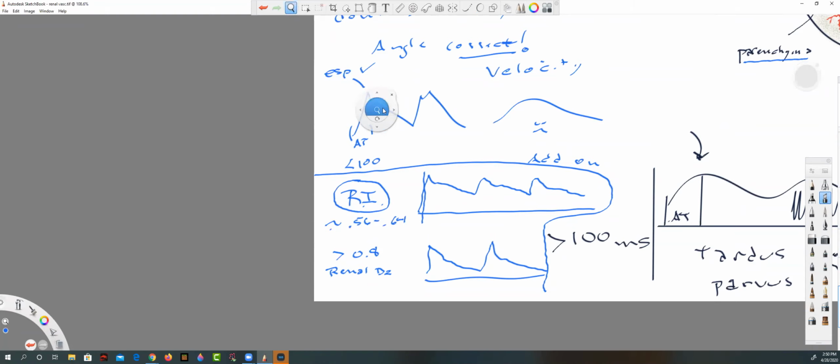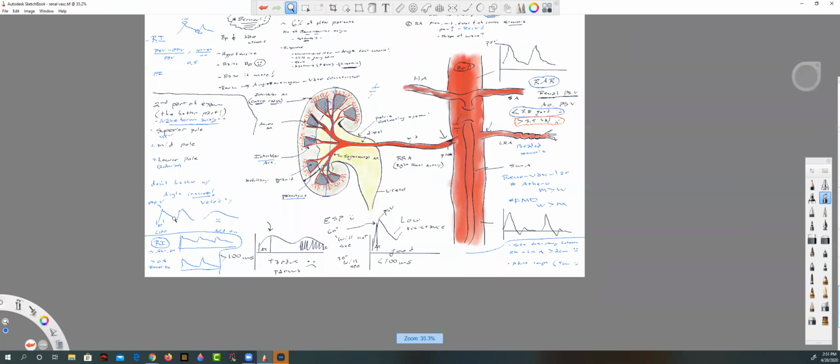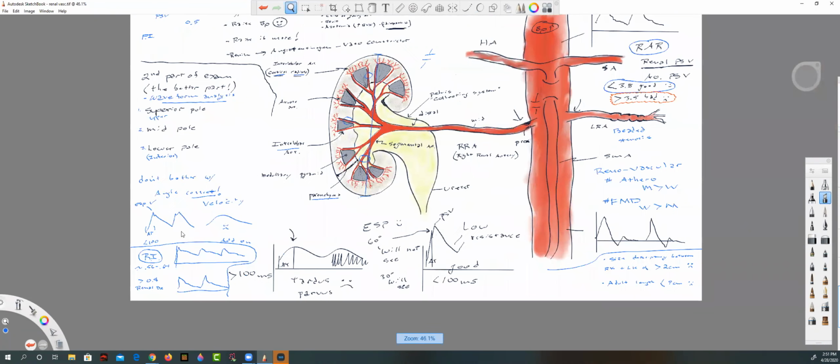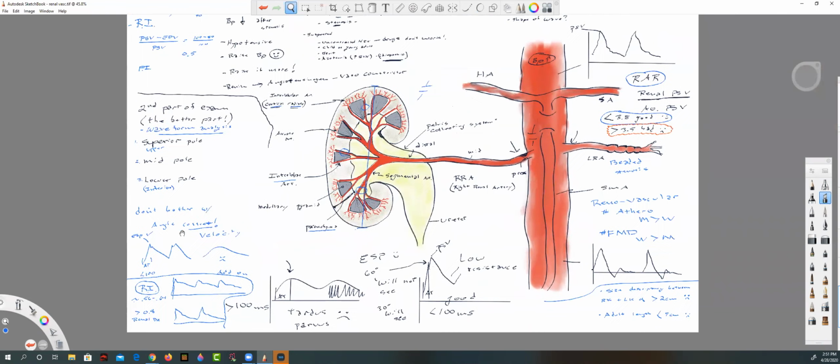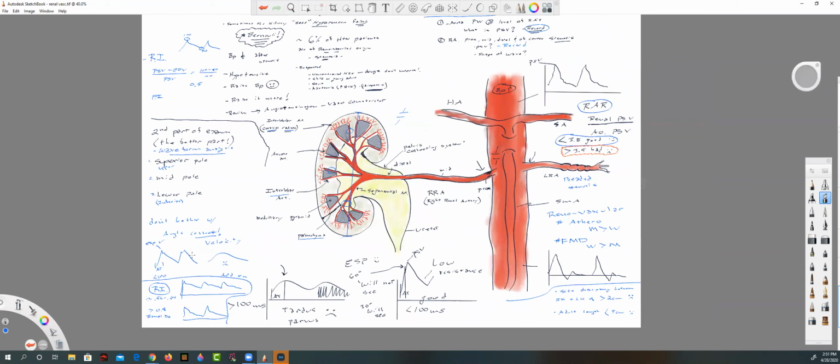At what point on the lower end of that spectrum would you start suspecting that the parenchyma is starving for blood? Well, numerically 0.8. For the lower part.